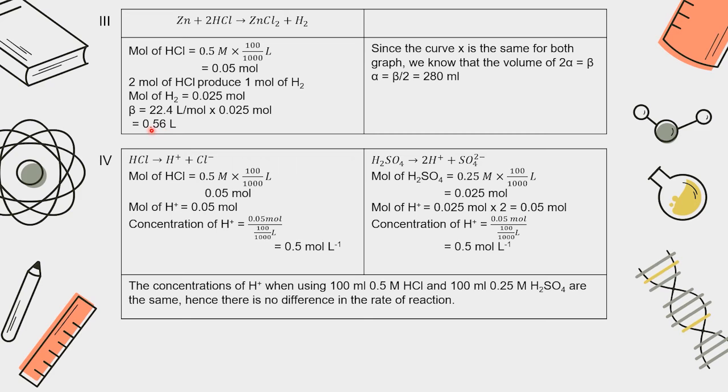Then we can find beta by multiplying the mole of hydrogen gas by 22.4 liters per mole. And since it is at STP, we get 0.56 liters.